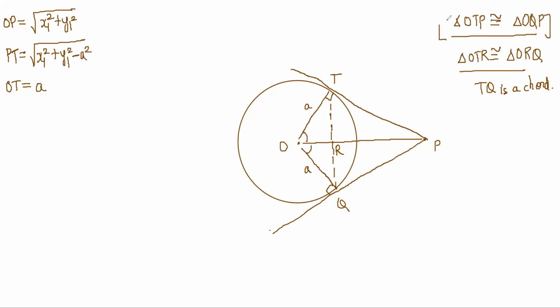Because of the first congruency, these angles are equal, and this is a common side, so two sides and the included angle are the same. So by SAS congruency, you can show that this triangle is also congruent to this triangle.